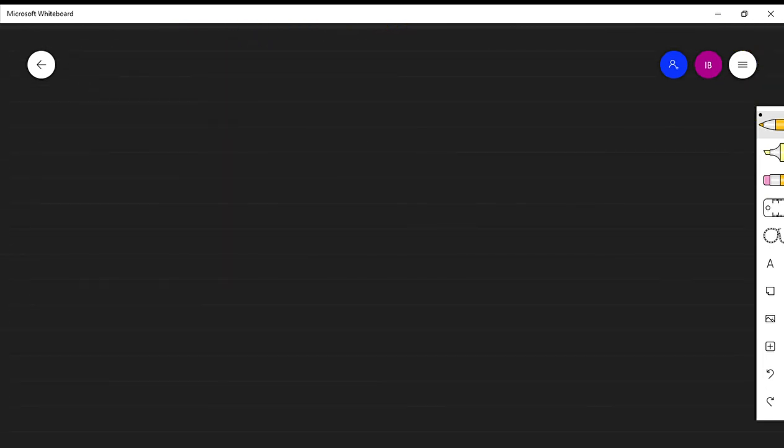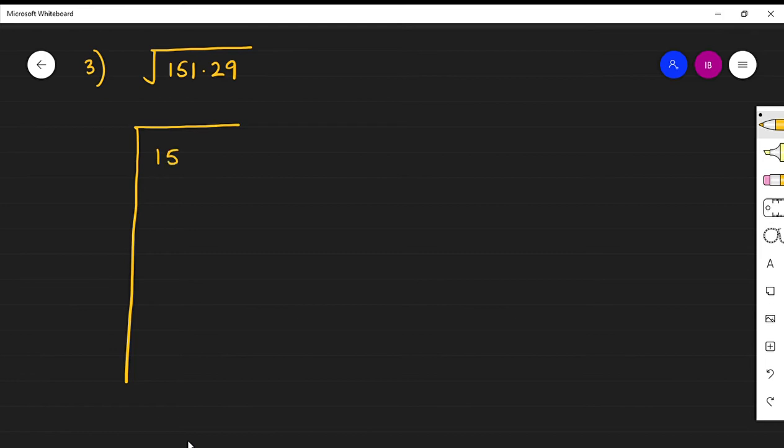Let's make the method more clear by taking one big number. Square root of 151.29. So 151.29. Which is the integral part? 151. Which is the decimal part? 29. Put the bars on the integral part starting from right to left.